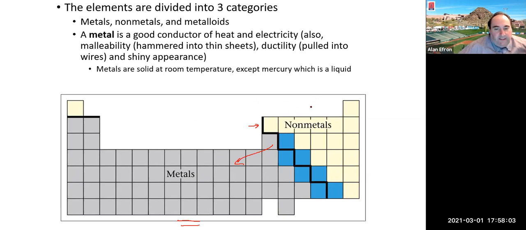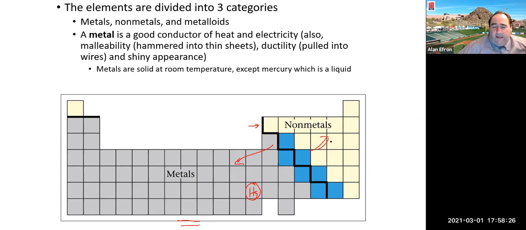Metals are good conductors of electricity. They're usually solids. The one exception is mercury, right about here, which is actually a liquid at room temperature. Pretty much all other metals are going to be solids.